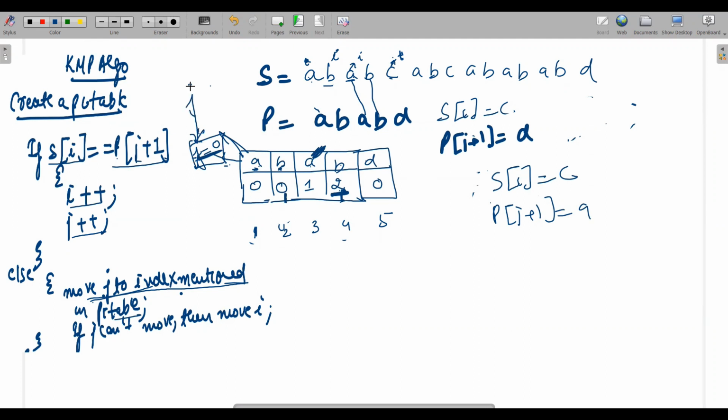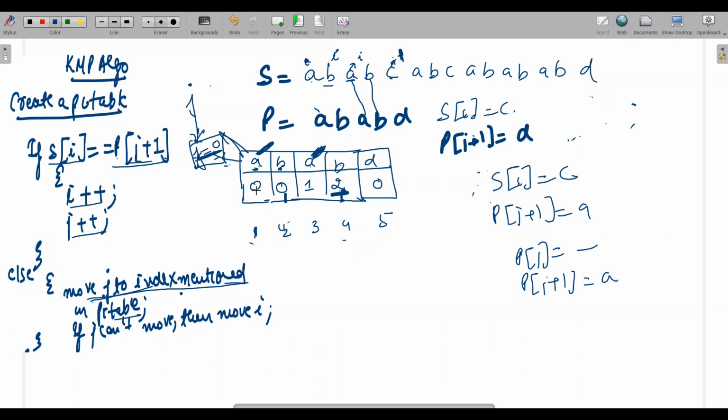Now again, we are going to check S of I compared with P of J plus 1. So J is pointing towards 0 index. So J plus 1 becomes, this is 0, so there is nothing. P of J is actually no value, but P of J plus 1 becomes your A. So I'm going to check this over here, this matching with C. Unfortunately, this is no match.